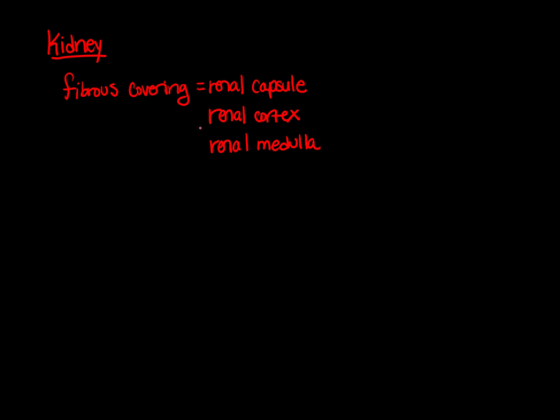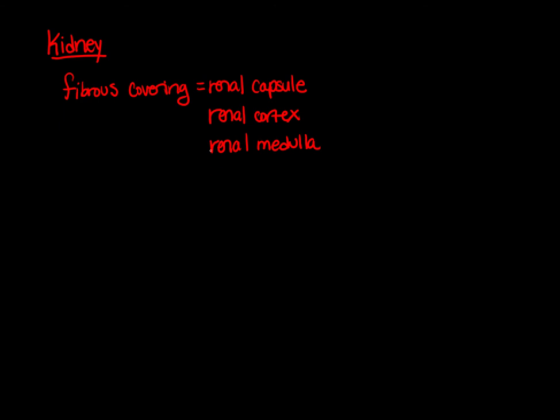Now these regions are going to have quite distinct features in each. So the cortex is going to contain your corpuscles, your proximal tubules, distal tubules, and peritubular capillaries, whereas the medulla is going to contain your nephron loops, collecting ducts, and your vasa recta.